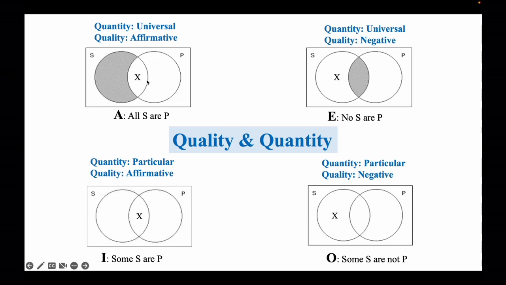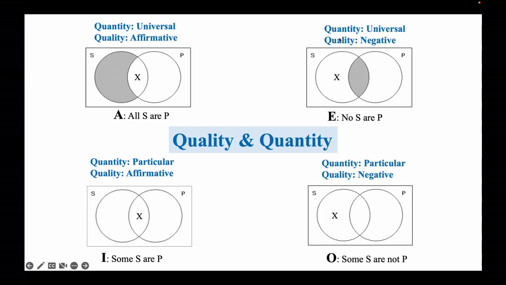They make existential claims, saying that there exist members of the subject. So the subject category, the subject class, is not empty. At least one member exists. And also in the universal negative E form.